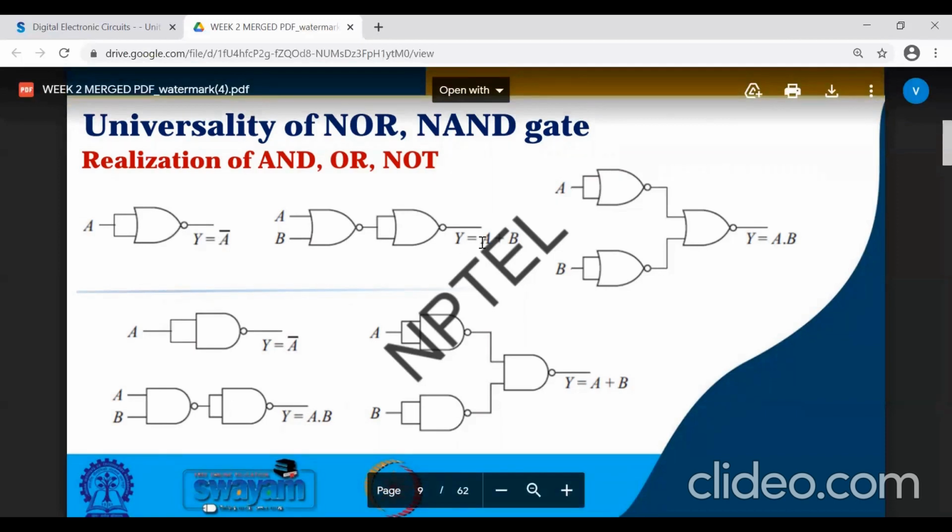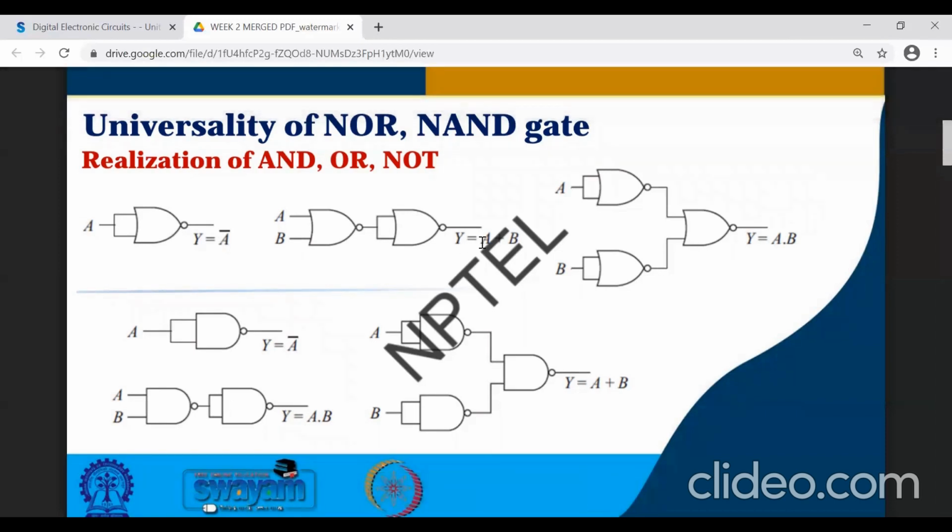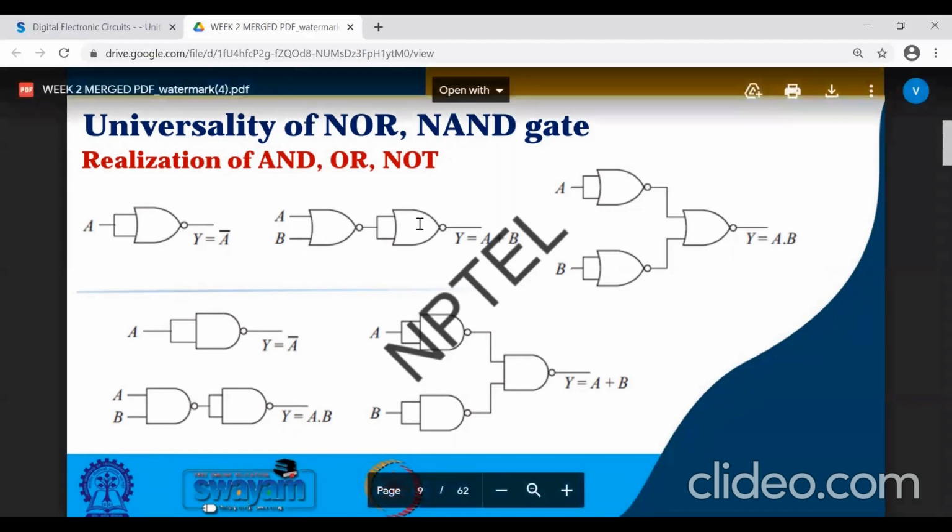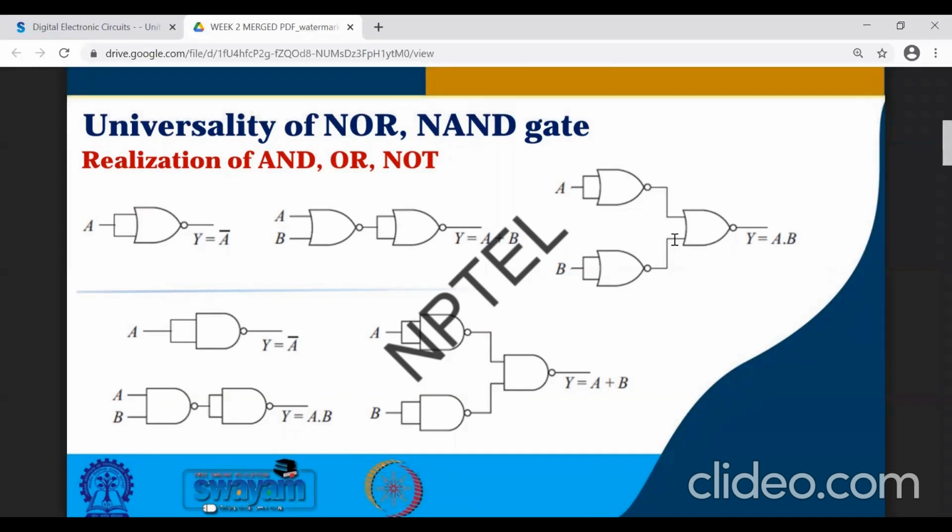Similarly, AND gate can be realized or implemented using NOR gate if the connections are made in this way using two NOR gates. And again, AND gate can be realized using NOR gates in this way if we do the connections.